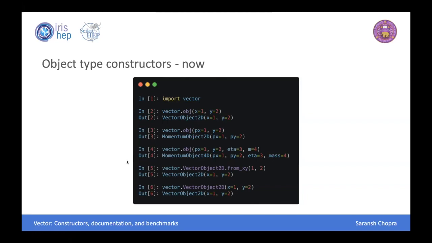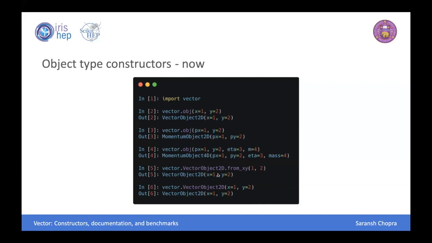So if now you call vector.obj with x equals 1 and y equals 2, you would clearly see what type of vector you're constructing, which is a vector object 2D. Similarly for the momentum vectors, and similarly for the class methods that you would be using.